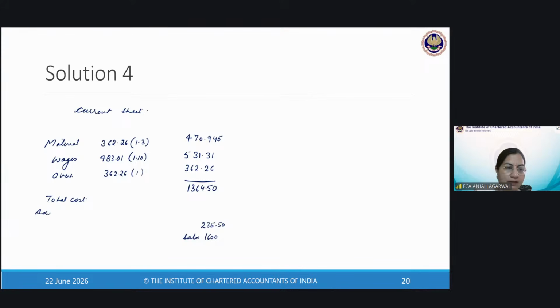So add profit at the rate of 32.50% of cost. That will be 1364.5 into 32.5%. Now the profit will be 443.46.